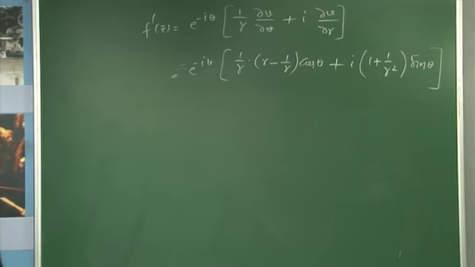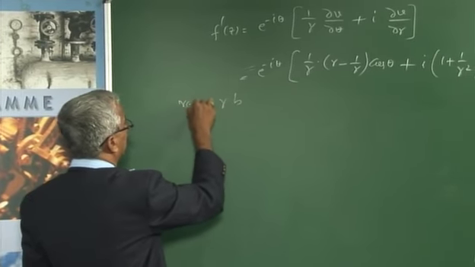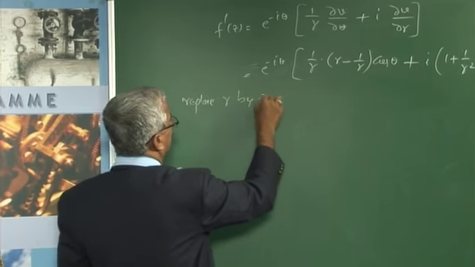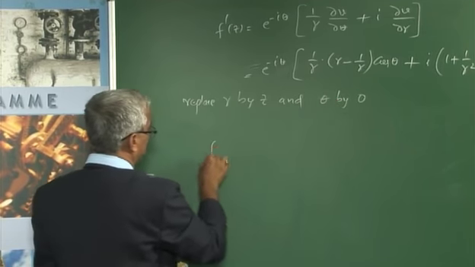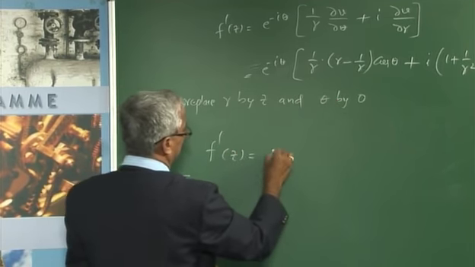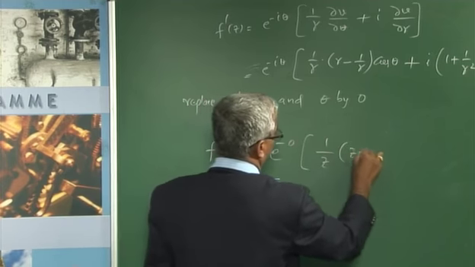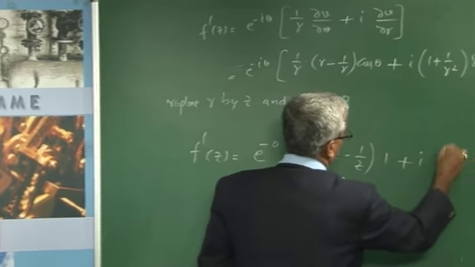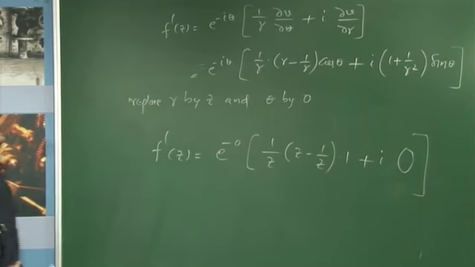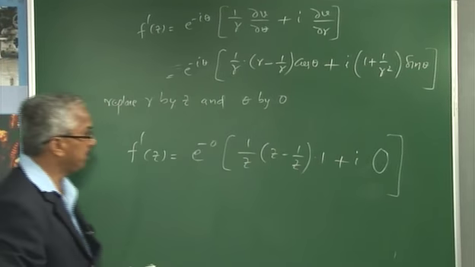Now use the Milne-Thomson method. What does the Milne-Thomson method in polar form say? Replace r by z and theta by 0. That gives f'(z) equal to e^(-i0) times 1/z times (z minus 1/z) times (1 plus i times 0), because sin 0 is 0, so the imaginary part of this will become 0.